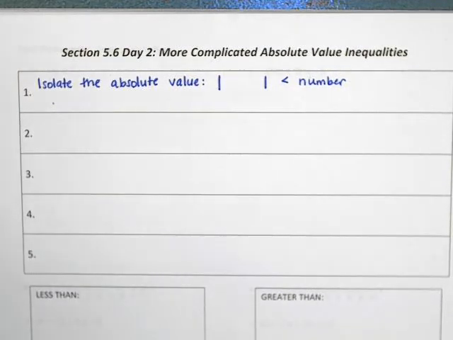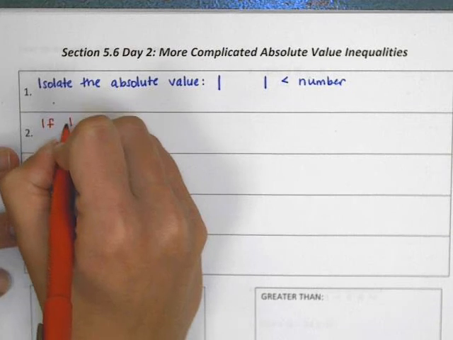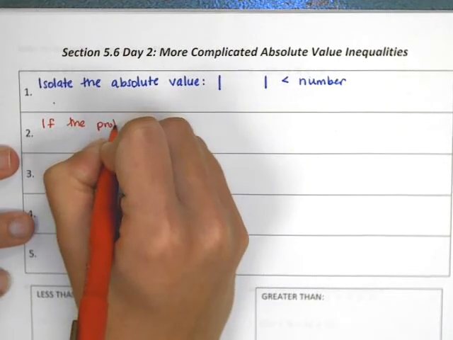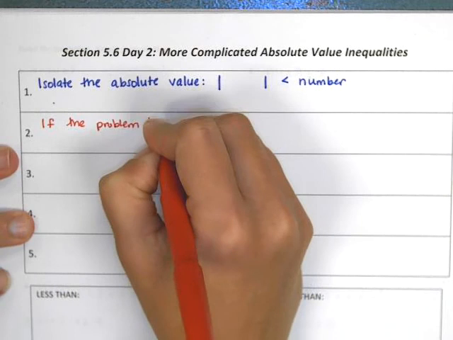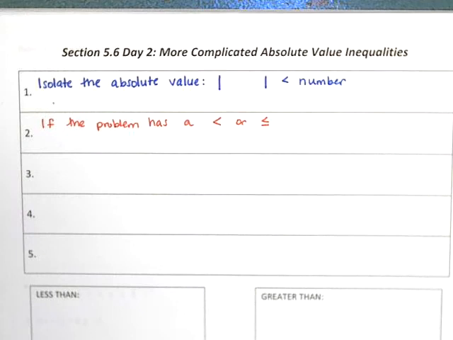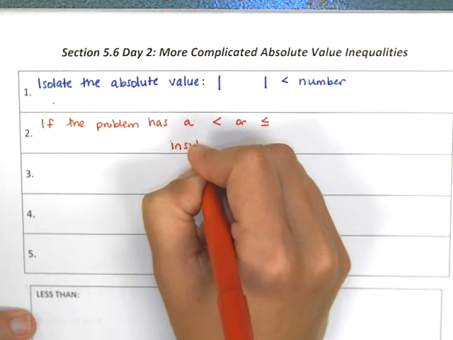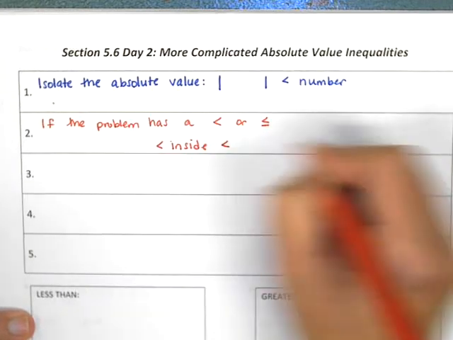After you have a problem that has the absolute value symbol isolated, the next step is to decide if you should make a less than sandwich or a greater than, which means you would really have two separate problems. So, if the problem has a less than or a less than or equal to, you take the inside stuff and you put it in the middle of a sandwich.